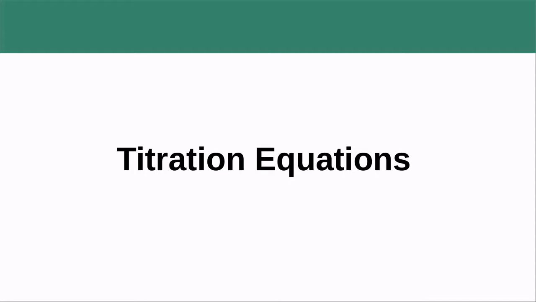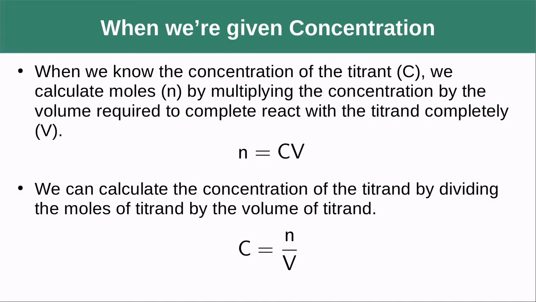Now let's talk about the titration equations. When we're given the concentration of the titrant, so we know the concentration of the titrant, we calculate the moles by multiplying the concentration by the volume required to complete the reaction with the titrand completely. So our number of moles is going to be the concentration times the volume.